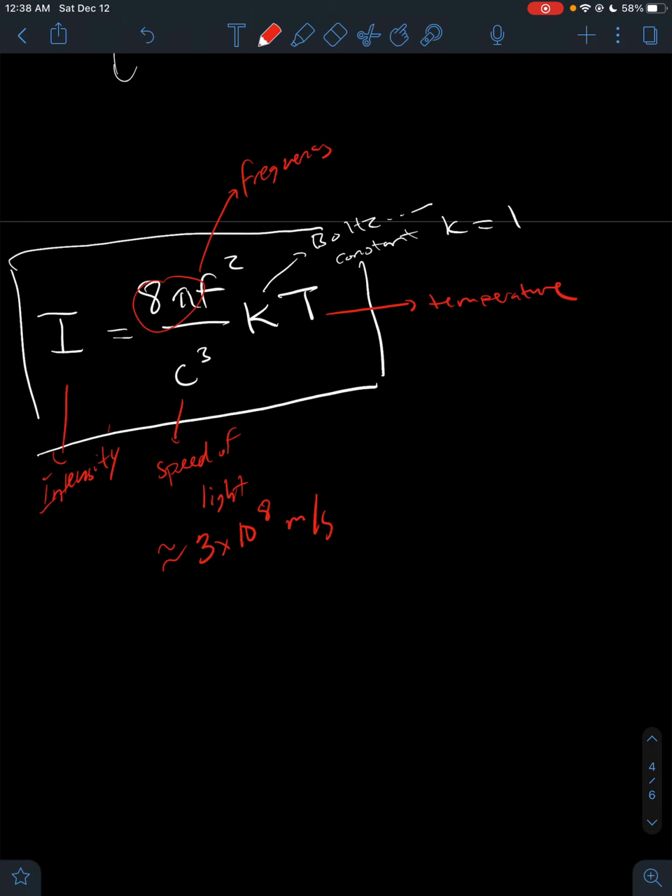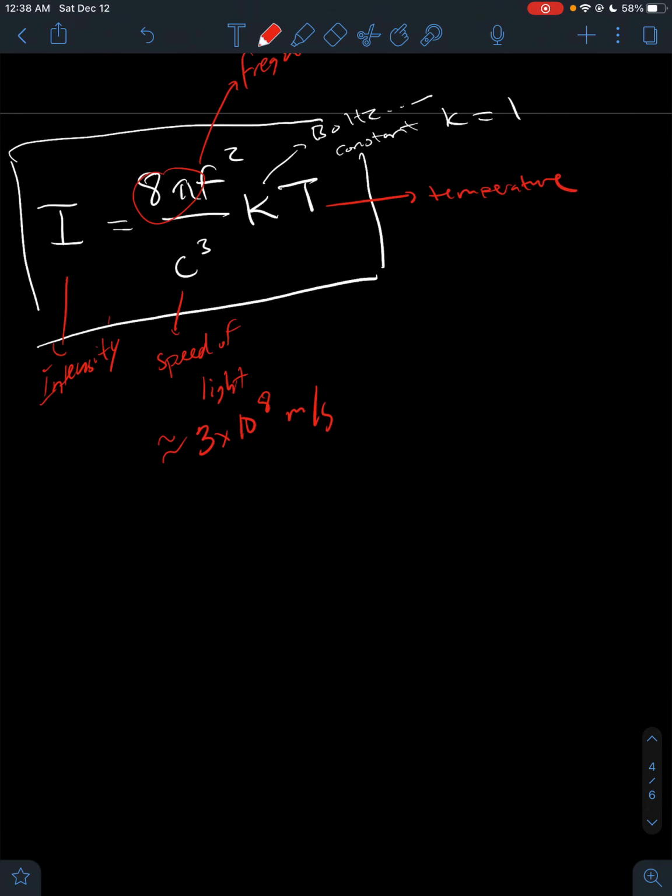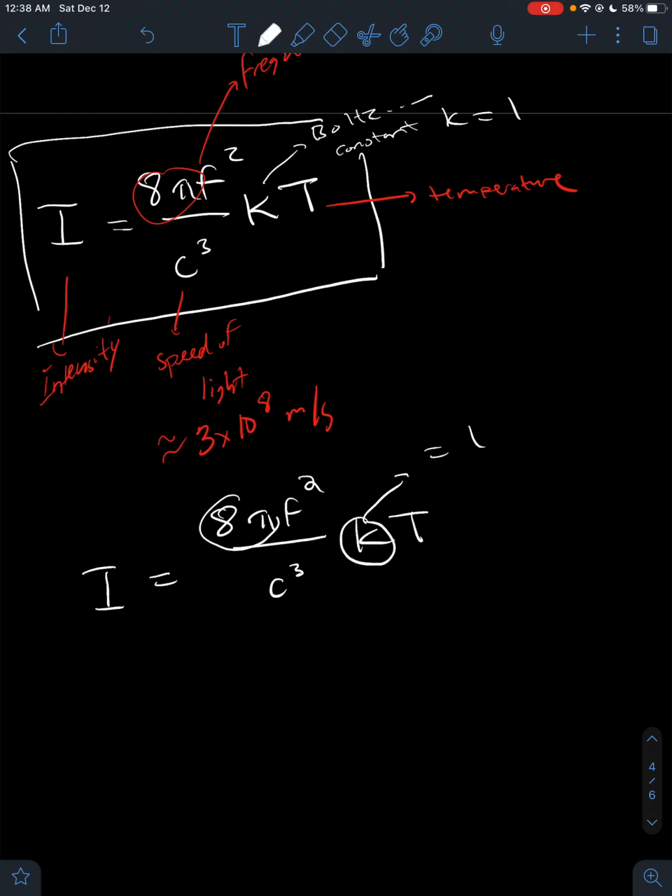So, let's see what this equation predicts. So here's our equation for intensity of that light that's being emitted from that black body. This is going to be constant, so let's set this equal to 1. This is also going to be constant, so let's just set this equal to 1. And this is also a constant.